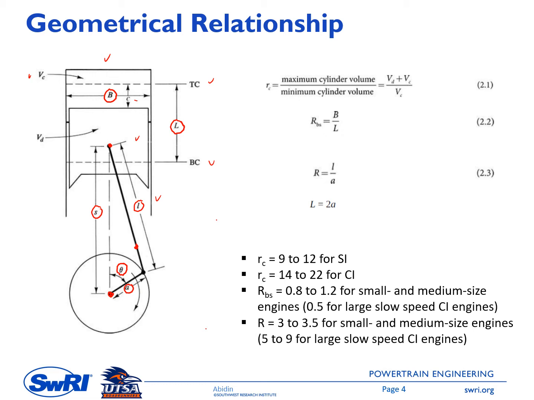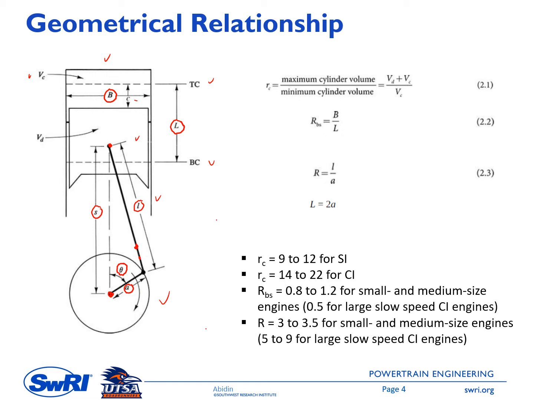That's why it's called reciprocating motion. So it goes from TC to BC and then back again to TC, and then by this crank mechanism, this reciprocating motion is converted into rotational motion. So we have the piston and then the conrod here, and then this is the crank mechanism.